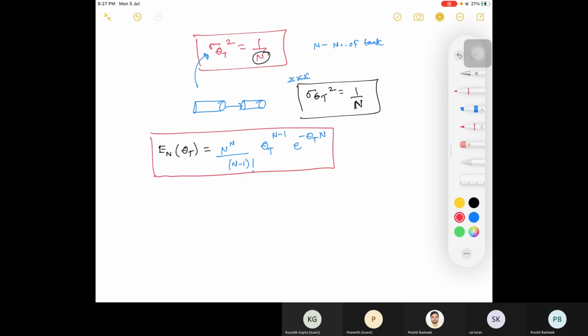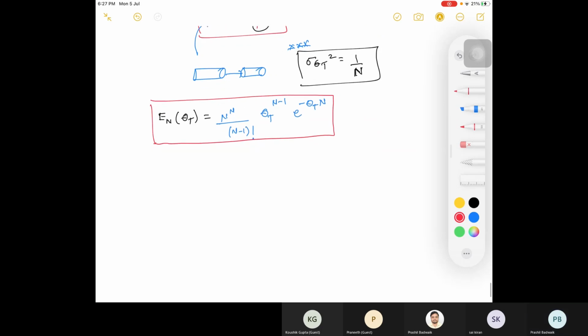Please compare. Okay, now you know this E n is a function of theta t, so on the x-axis there will be theta t. Now please tell me, n is the number of tanks. If your tank is single, what E curve will you get for a single CSTR or single tank with tracer injection in a pulse manner?